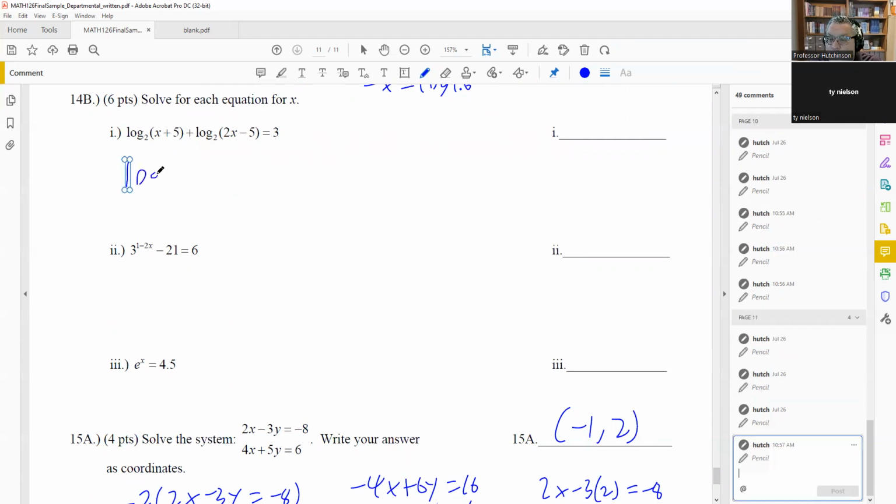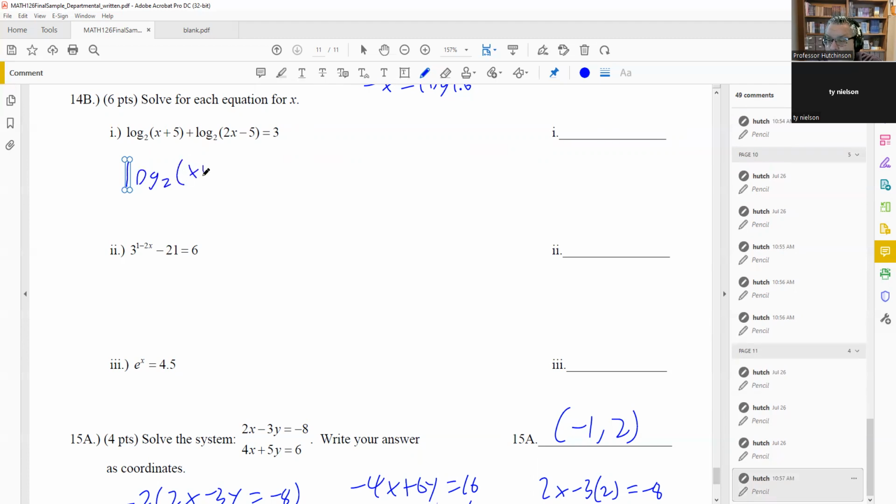First, we're going to take these 2 logs and put them together as multiplication. So we multiply. The plus means multiplication. Now we're going to change it from log form to exponential. The base, raised to the number after the equal sign, equals everything inside the logs. That's the next step.